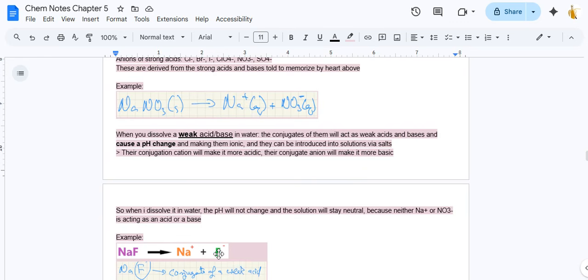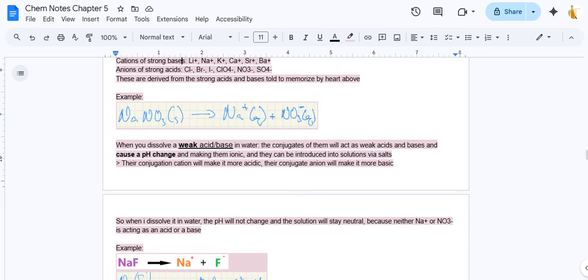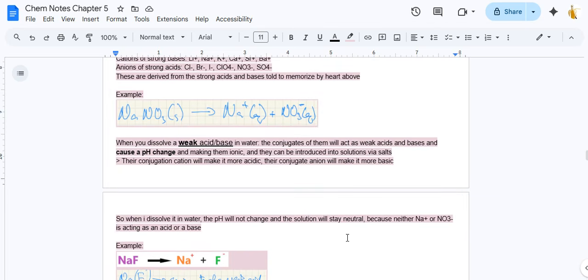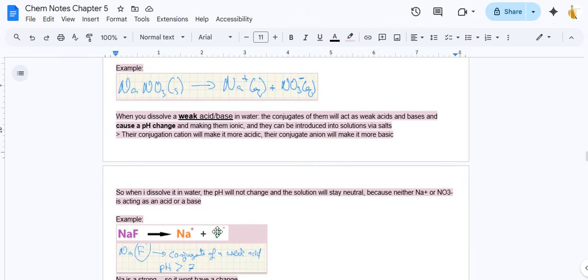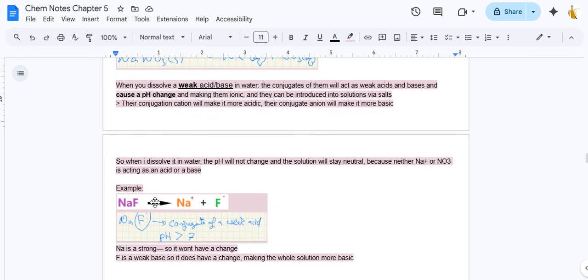Is it an acid or a base? It's a base, like OH minus and other bases. So since it's a base, it will make the water more basic.